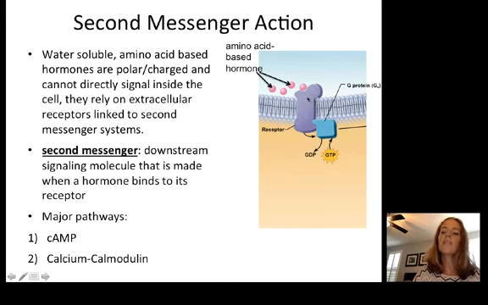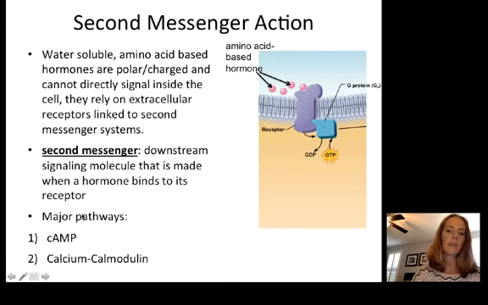The change in the extracellular receptor from the binding of the hormone will change a domino effect of molecules within the cell. The first thing that changes will be the G protein coupled receptor, and then several other downstream molecules. The last and final molecule that it affects before it makes major changes to the cell is called the second messenger.